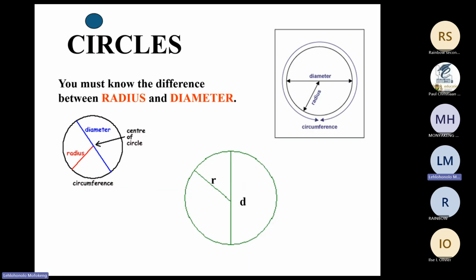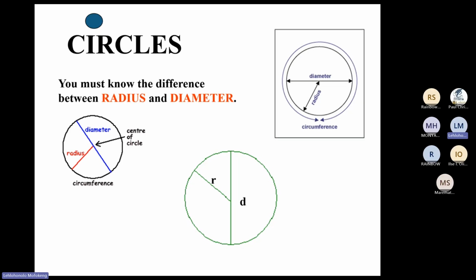Right, as we have indicated, for a cylinder we have faces that are circles. So we are going to use the formula to calculate the area of a circle. As a result, we need to remind ourselves about the parts of the circle, focusing more on the relationship between the radius as well as the diameter.